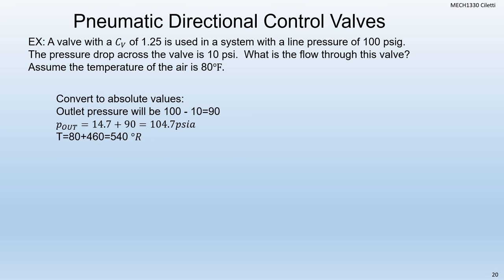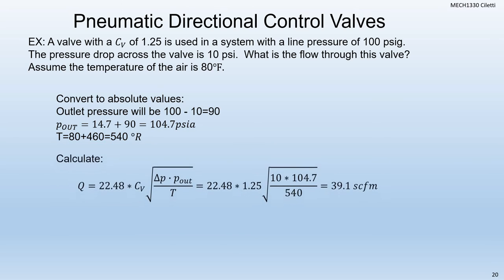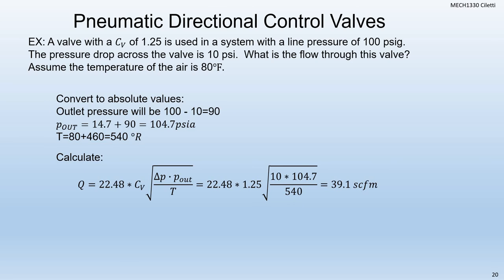Then we take 80 plus 460 so that we are in Rankine for this problem. Then we have to solve the equation for Q, because we're using flow rate now and not flow coefficient. Once we've solved it for Q, we substitute all of our given values, and we get our flow as 39.1 standard cubic feet per minute.